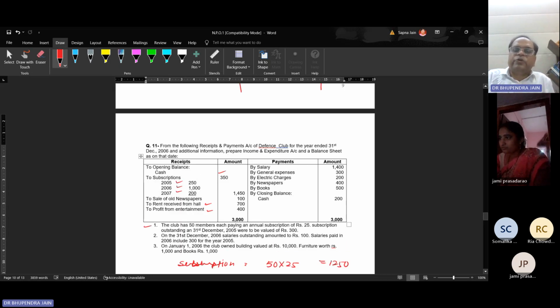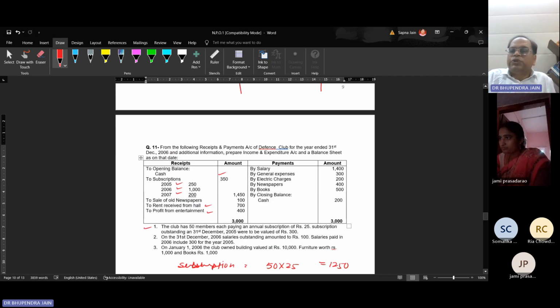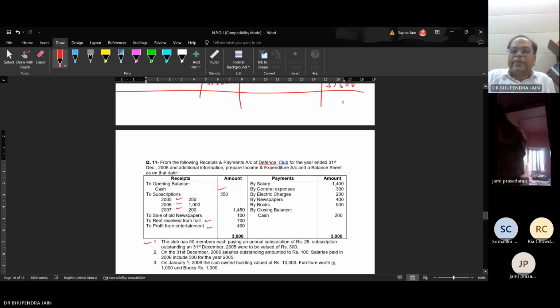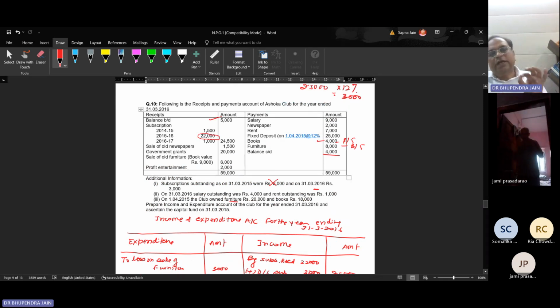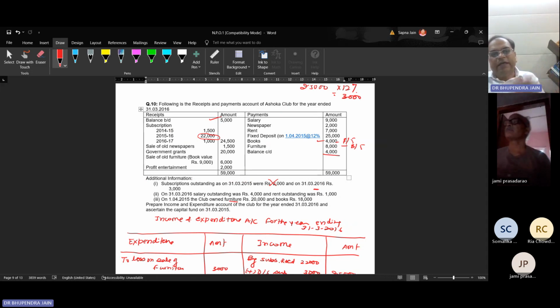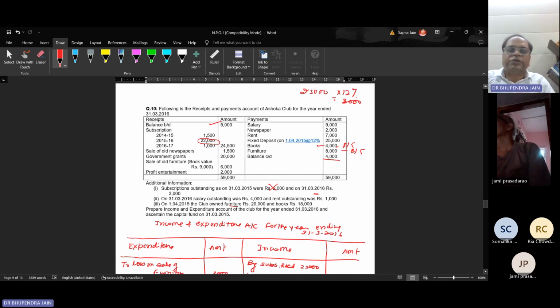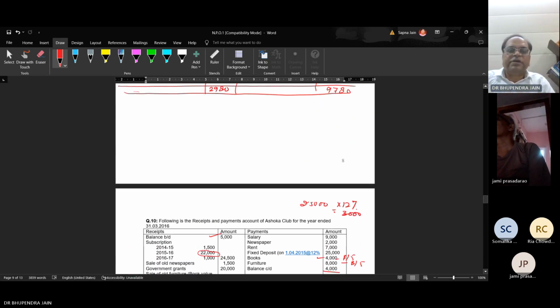Check the big difference between question number 11 and question number 10. In question number 10, 3-year subscription received by the society in the year 2015 and 16. Then we pick the subscription amount only, kiska bhai, 2015 and 16. Now check beta in question number 9.